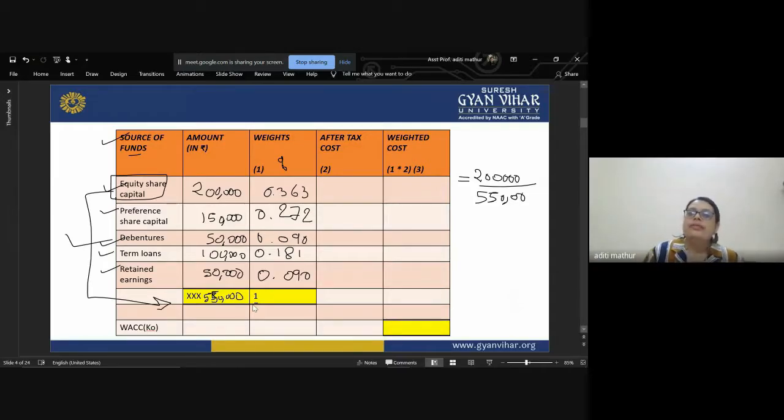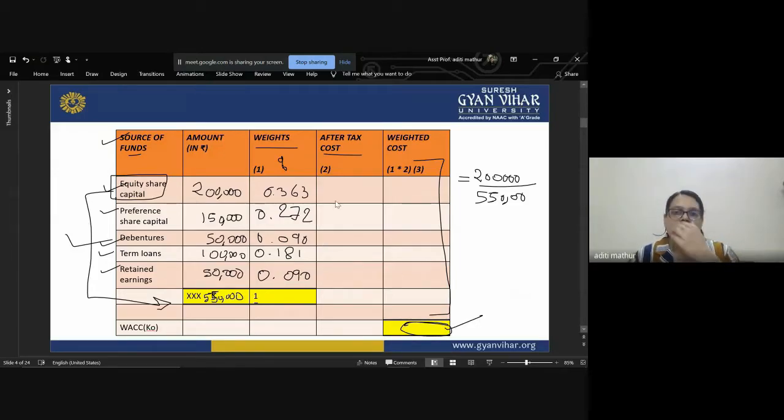And with the help of this weight and the cost associated with the securities, which we will be calculating with the help of KE, KP, KD, KL, and KR, we will simply multiply the weights with the cost and then add them up to get our overall cost of capital.